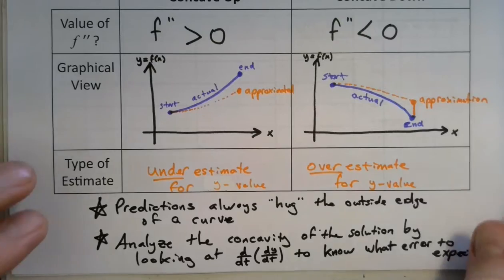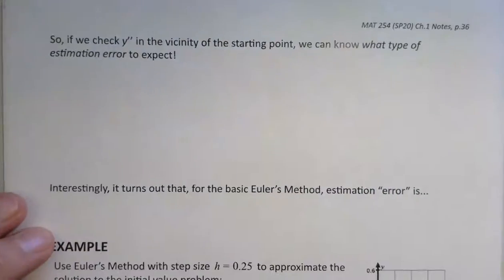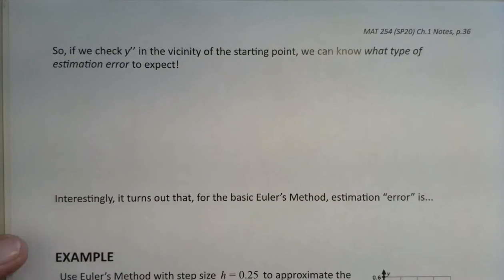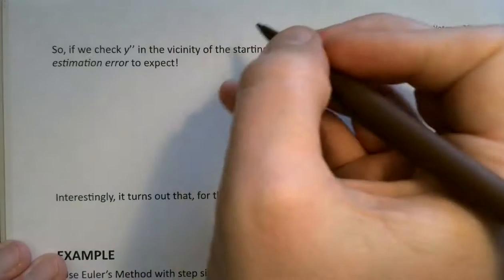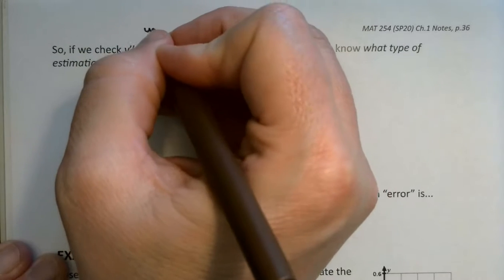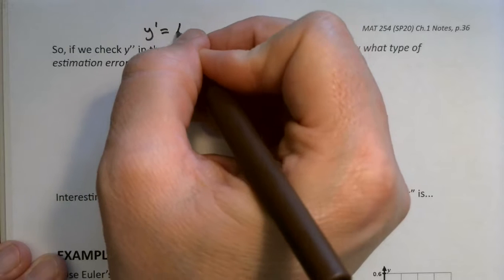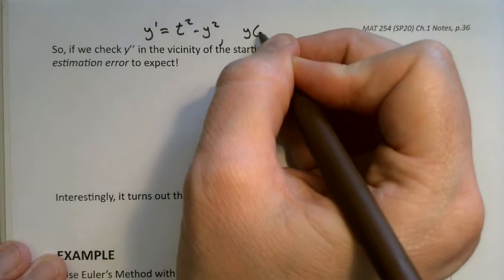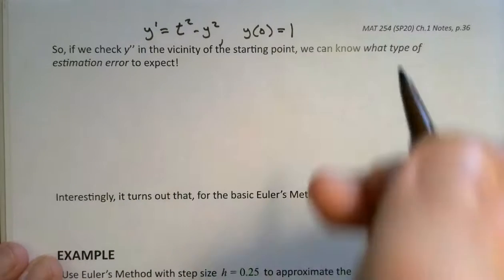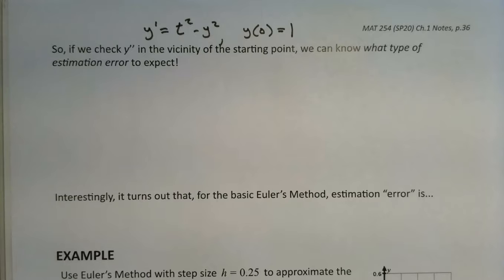And so as an example on the top of the next page, we'll take a look at this. We're going to check y double prime in the vicinity of the starting point. Just a reminder, I'm using for this the previous problem, which, if you recall, was y prime equals t squared minus y squared, and our initial condition was y of 0 equals 1. So we're going to look in the vicinity of that starting point and say, what's going on there?